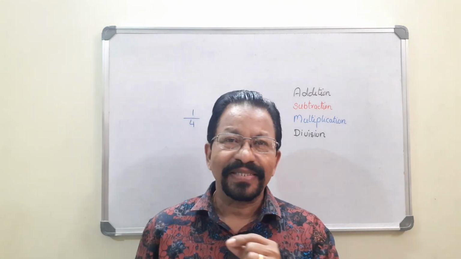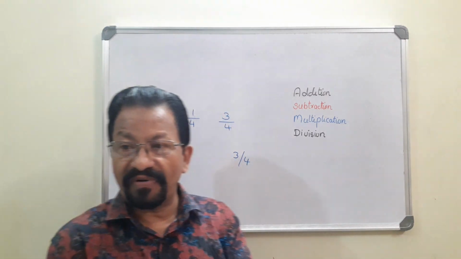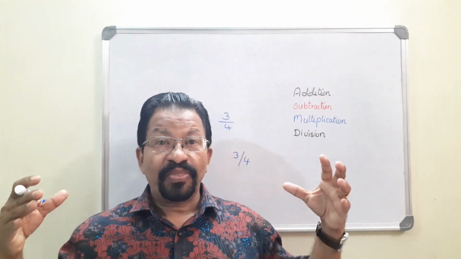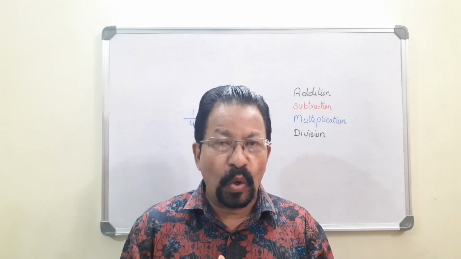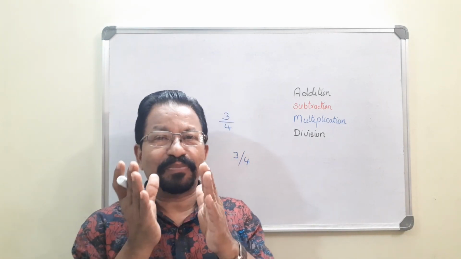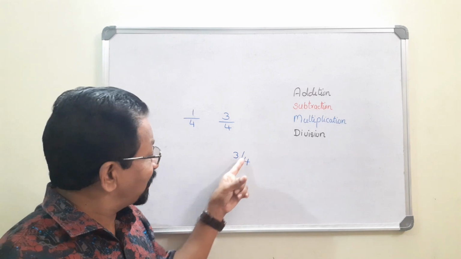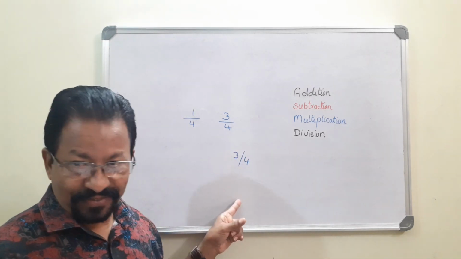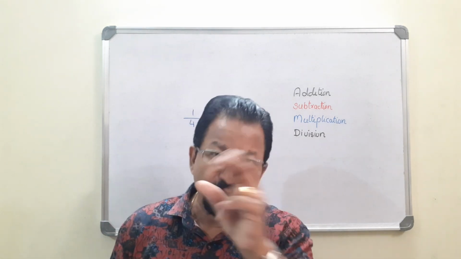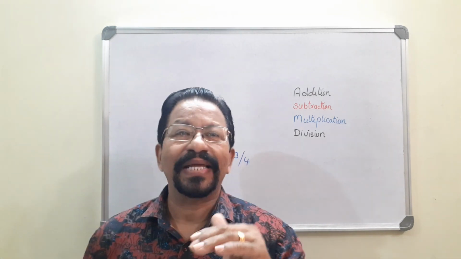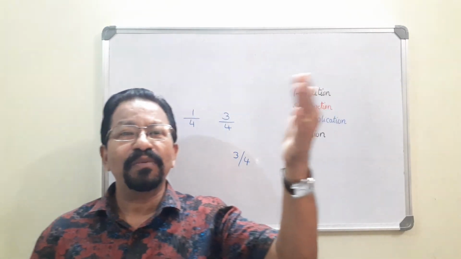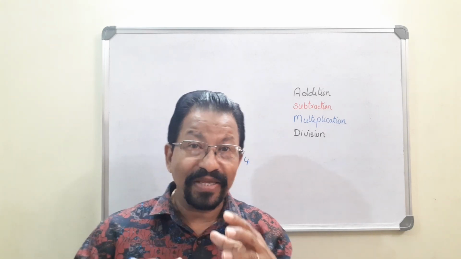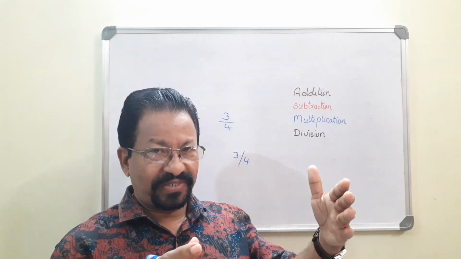We can notice there are 2 numbers involved in a fraction. Are both numbers written together? No. These 2 numbers are separated by a slash or a small horizontal line. Out of these 2 numbers, one number is above the line, one number is below the line. So, we can give names to these numbers.